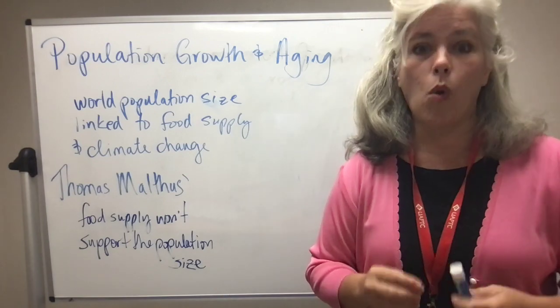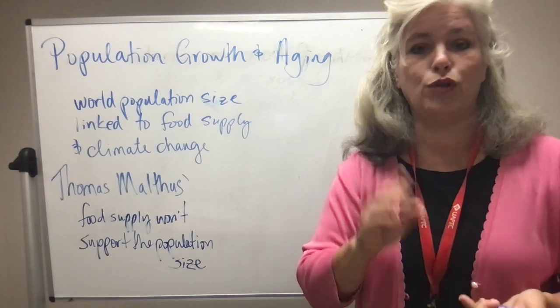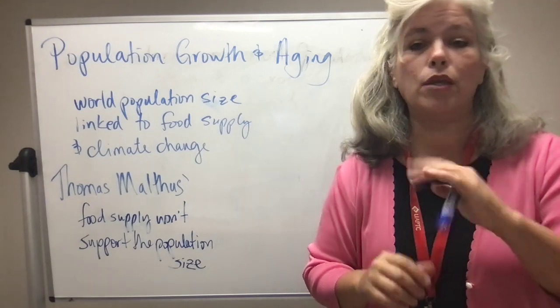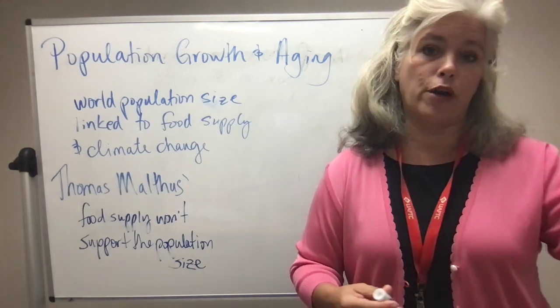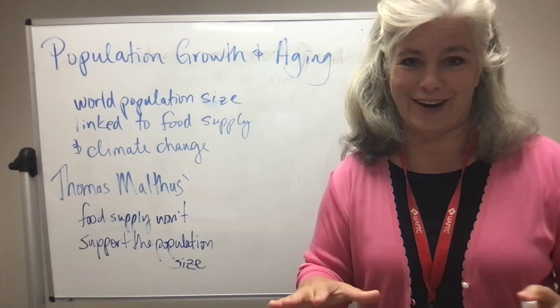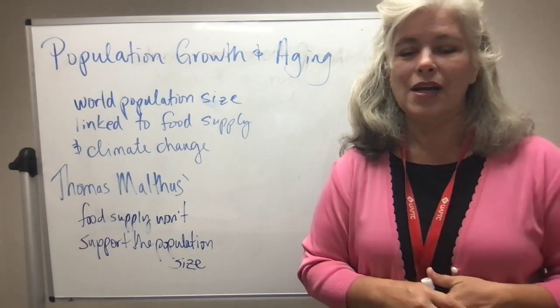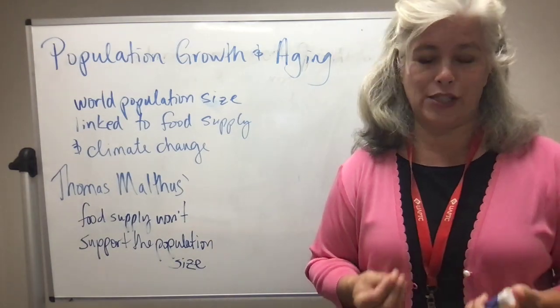And so he warned about people having smaller families. He said you should have smaller families and stop having so many children. You should wait longer to become mothers, get a career first or something. This was revolutionary for the time that he was alive. So anyway, he said that the food supply was not going to support the population size.